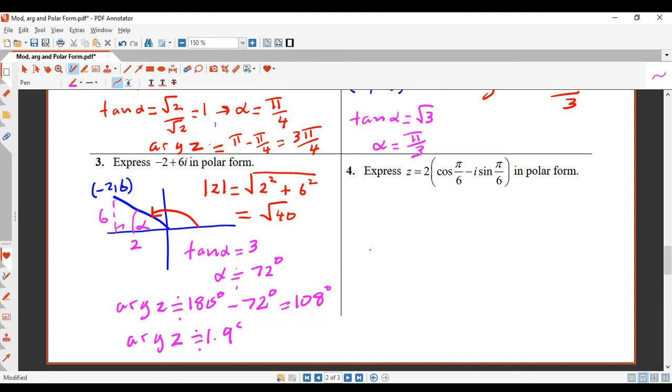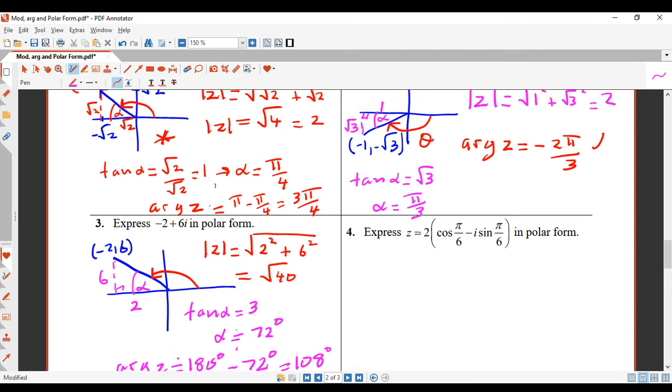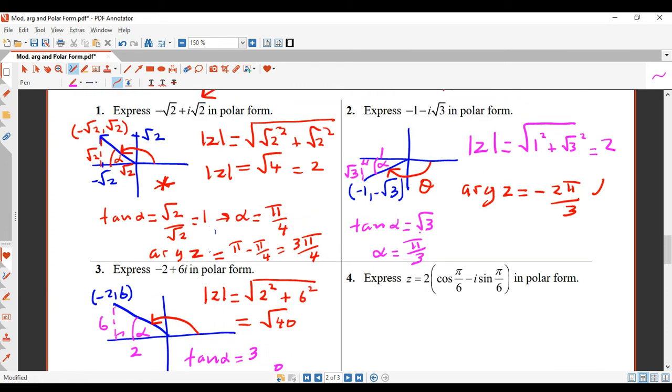Okay. All right. Next one is to express this in polar form. Now, just realised I haven't expressed the others in polar form, but we'll come back to that. Let's come back to the others now. It's a bit late at night. Okay.